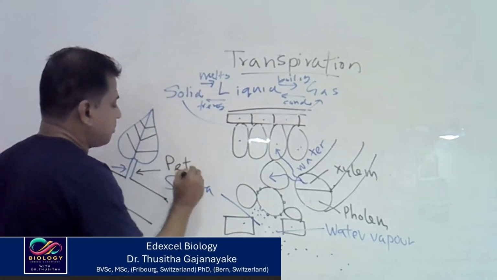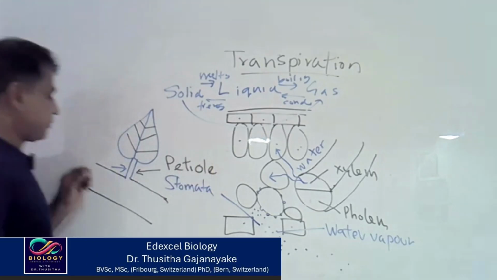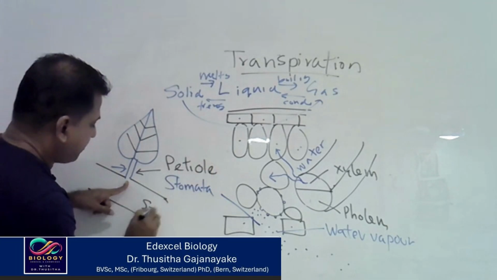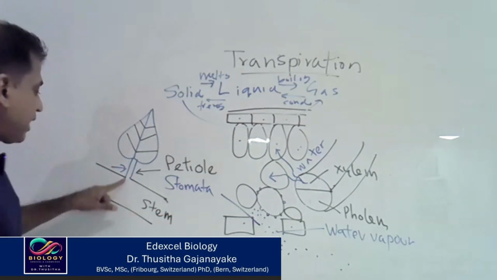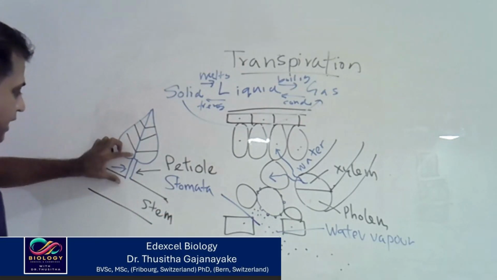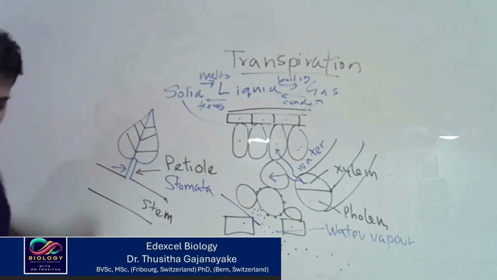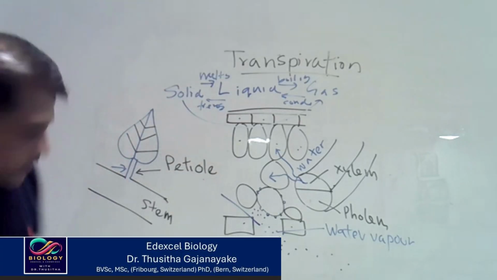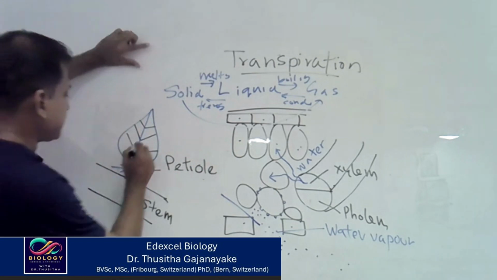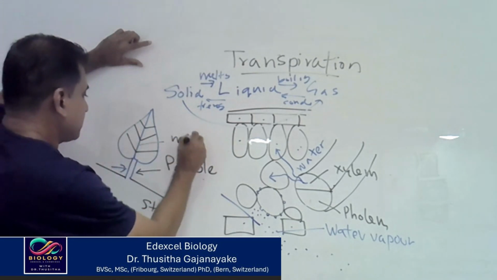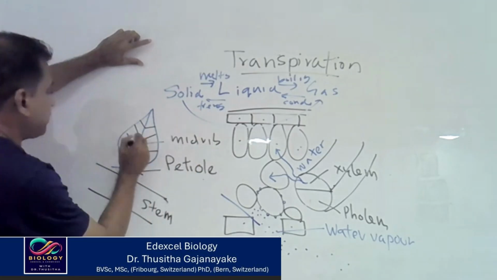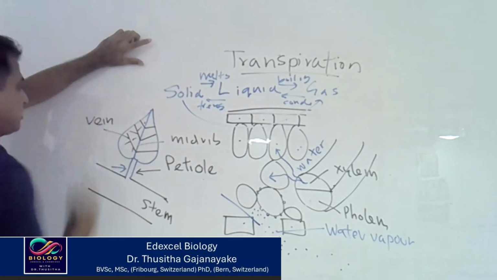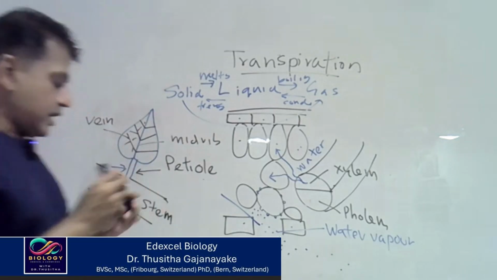It's called the petiole, right? This is the stem, and the stem and the leaf are attached to each other by the petiole. The middle line is called the midrib, and the other branching areas like this are called veins.